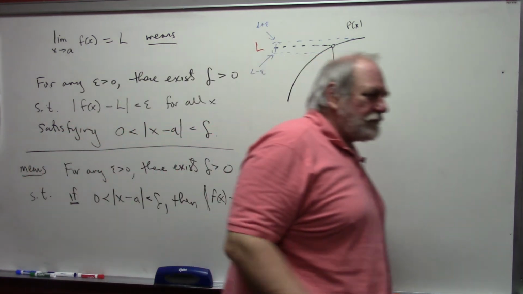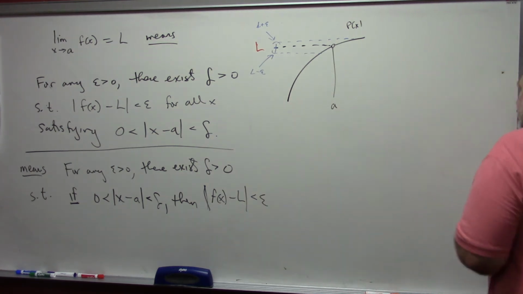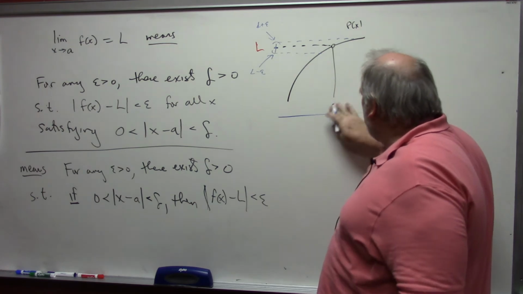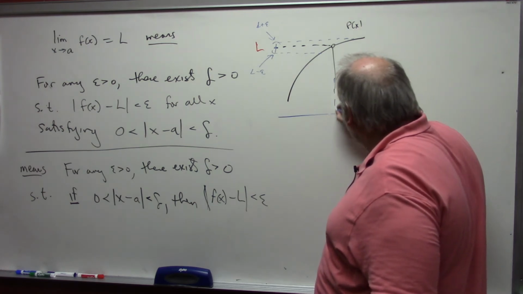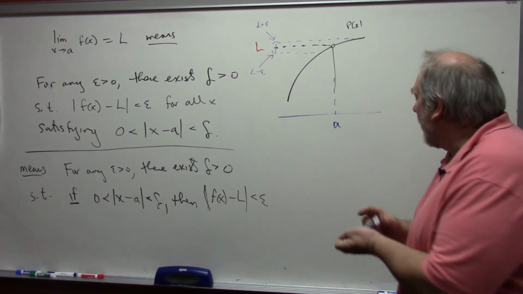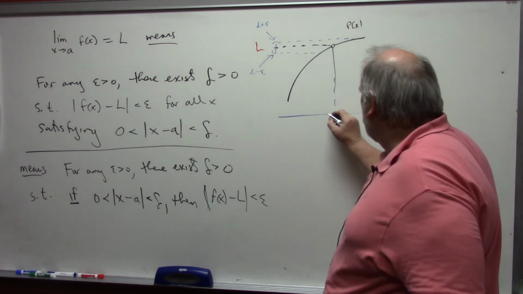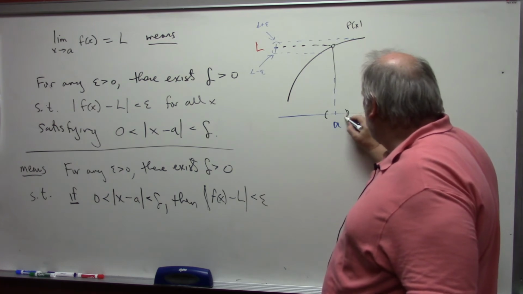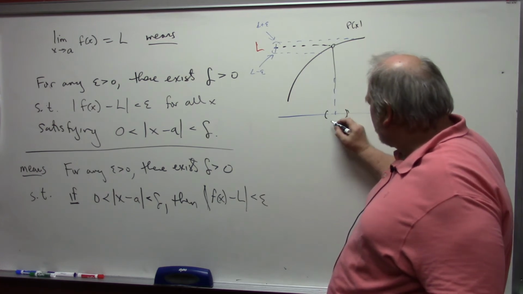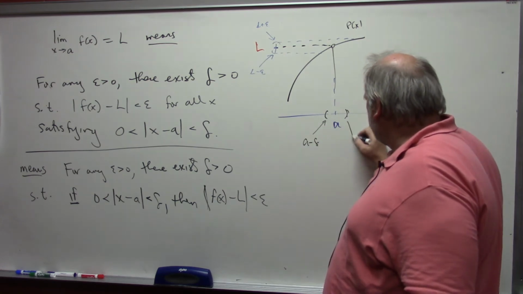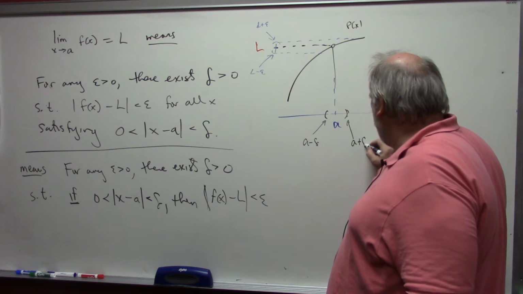Then there exists some delta down here, which let me extend this down. There exists some delta down here so that if I look at any value x that is a delta's distance, this would be a minus delta, this is a plus delta.